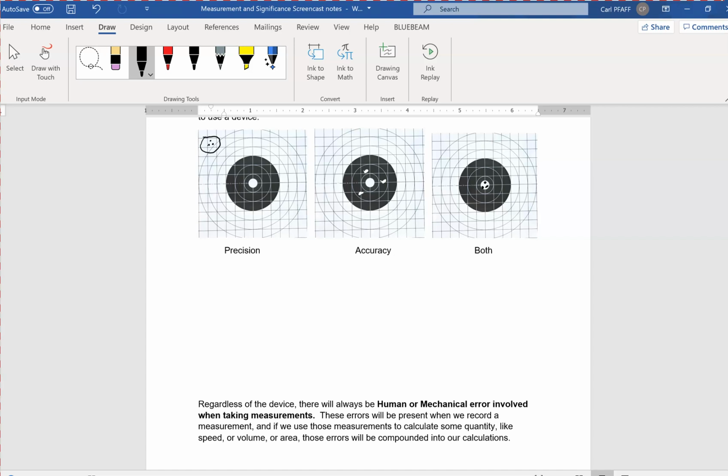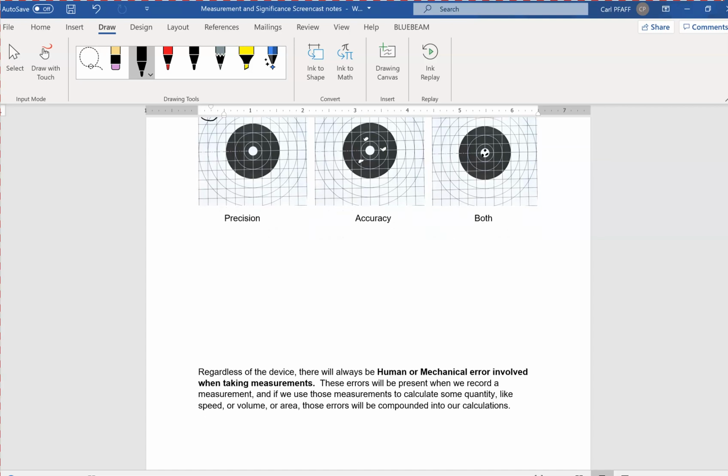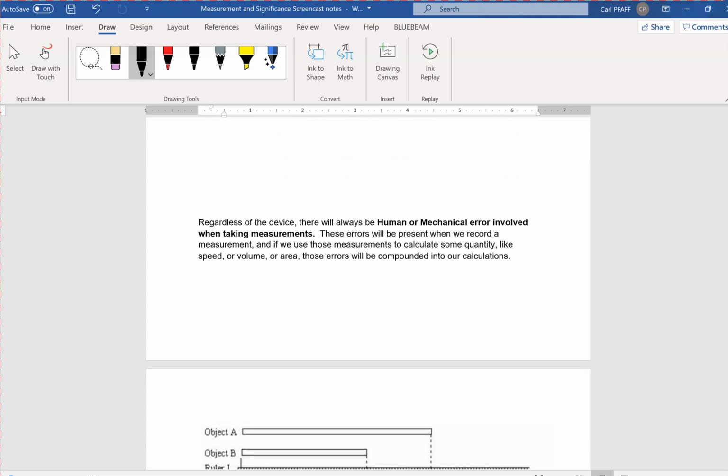So regardless of what device we use to measure in science, there's always going to be some human or mechanical error involved when we take measurements, and those errors are going to be present whenever we record a measurement. And if we use that measurement to calculate some quantity like speed or volume or area, the errors that come with the measurements are going to be compounded into our calculations.